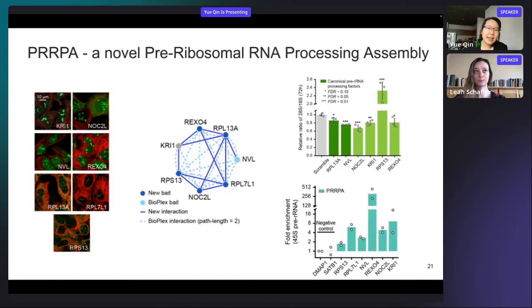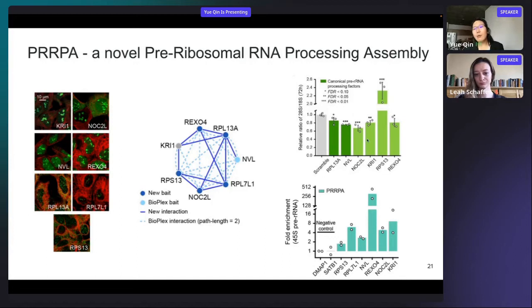So we tested whether this assembly does participate in the hypothesized process. We did this by knocking down each of the proteins, and we observe that knocking down each of them does perturb the mature ribosomal RNA, which is assessed by the 28S over 18S ratio here on the upper right.